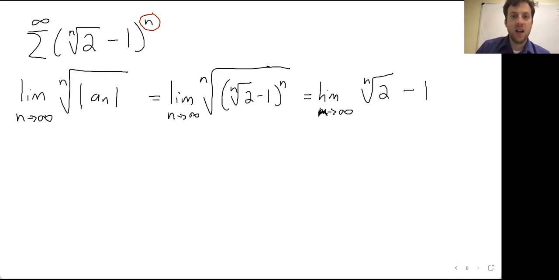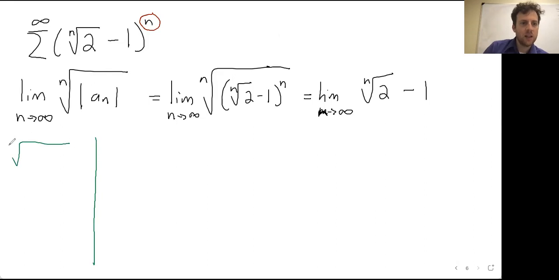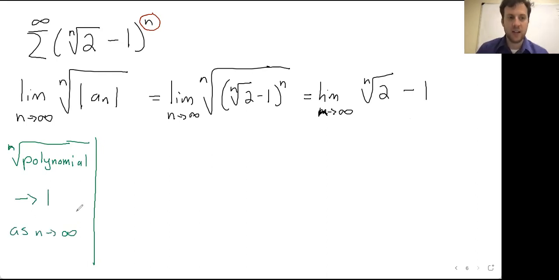To deal with this thing, there's a small fact which has appeared in maybe a few examples, but is still sort of a strange fact. And that's that if you take the nth root of any polynomial, and actually the 2 counts as a polynomial, usually they have variables in them, but a constant does count, this converges to 1 as n goes to infinity.